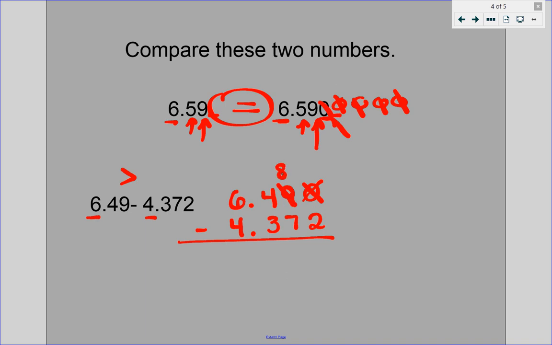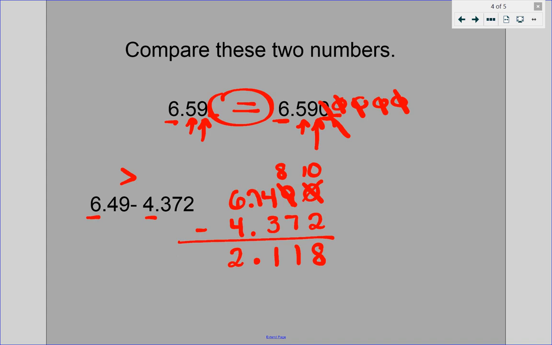Now we break apart that one that we were given, and we add 10 to the number. We had 0 there, so now we have 10, because 10 plus whatever number we have. 10 minus 2 is 8. 8 minus 7 is 1. 4 minus 3 is 1. Decimal point in place. 6 minus 4 is 2.